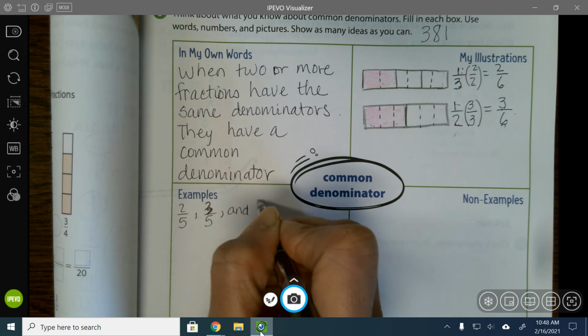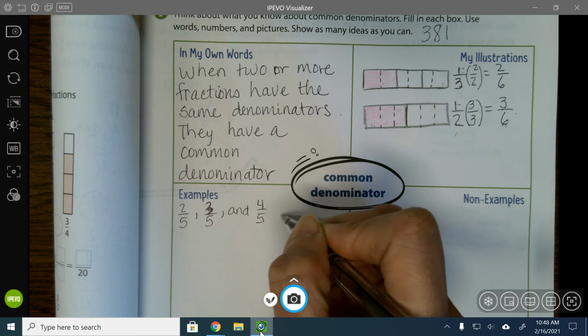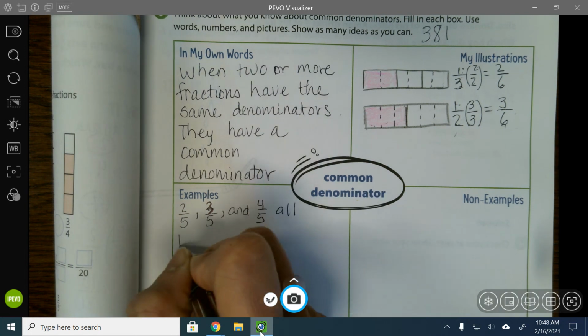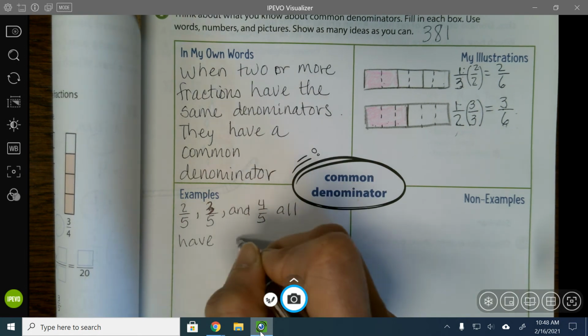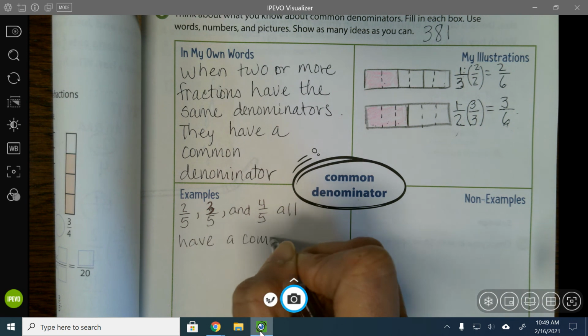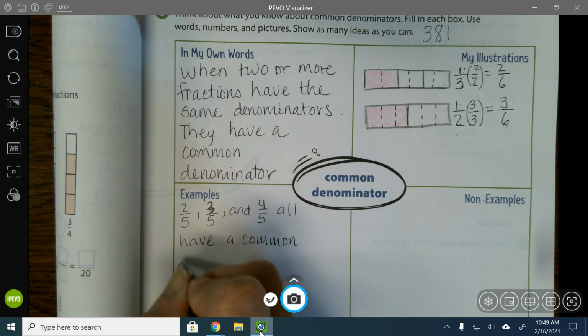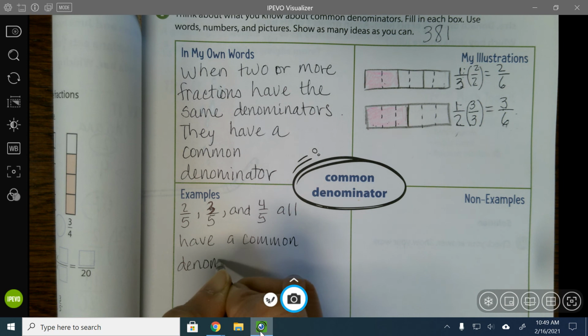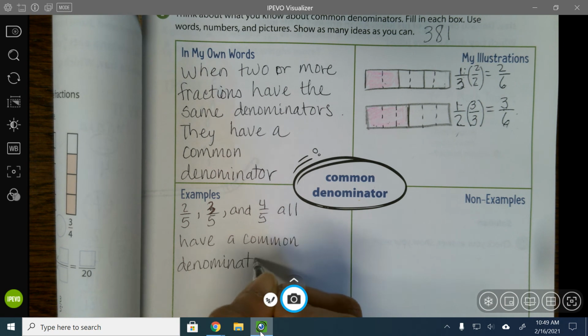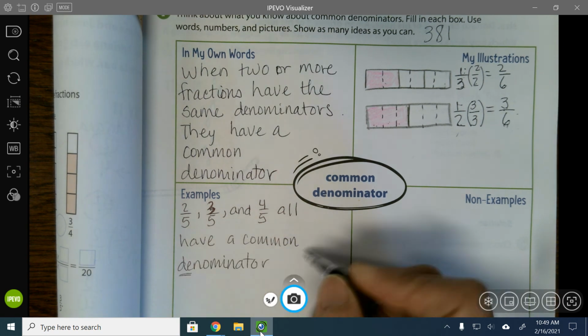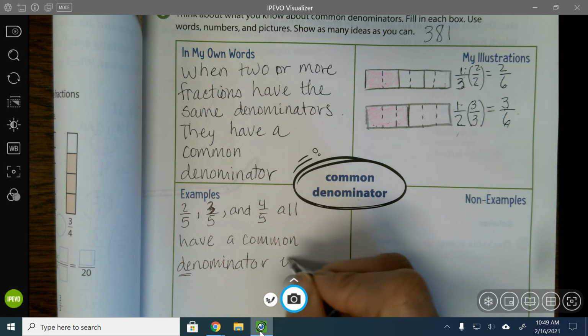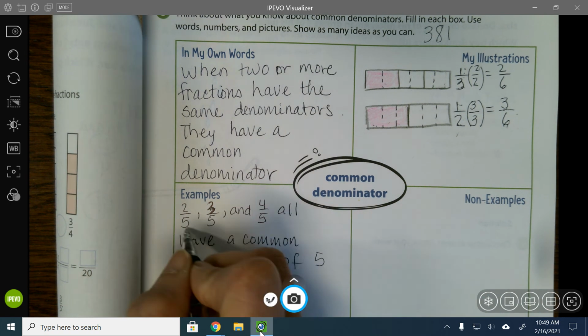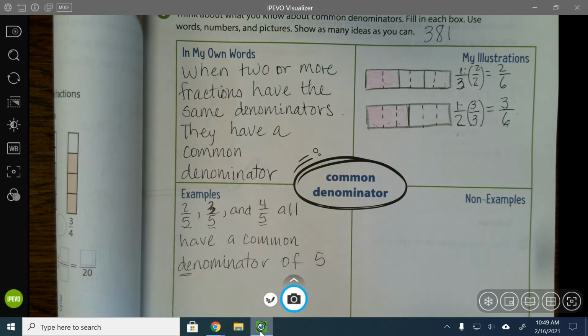They all have a common denominator. The word denominator means below, okay? They all have a common denominator of 5. And now you can compare to see which one goes bigger, smaller, or medium.